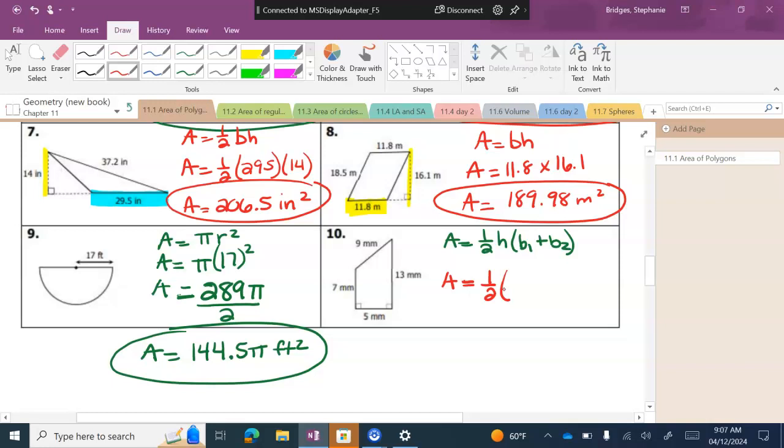What is my height? 7, 9, 13, or 5? Which one is perpendicular to two other parts? 7 is perpendicular to one of them.